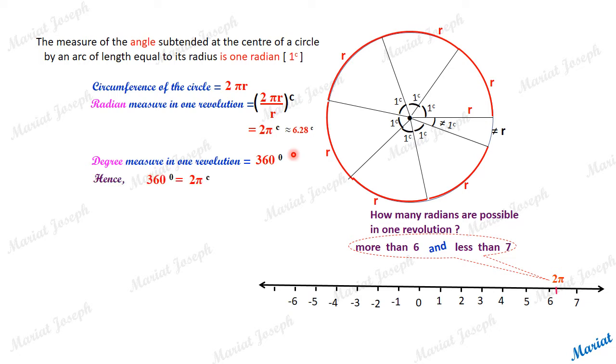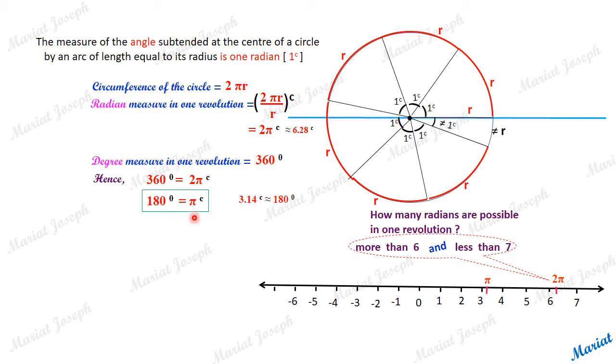So we can say 360 degrees must be equivalent to 2 pi radians. This is the relation that we have between degree measure and radian measure. Going further, dividing by 2, we can write 180 degrees is equal to pi radians. 180 degrees are equivalent to pi radians.